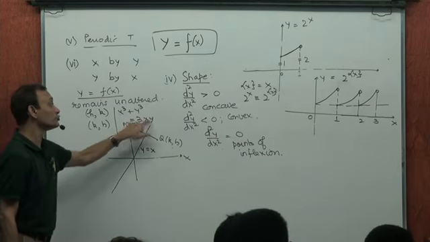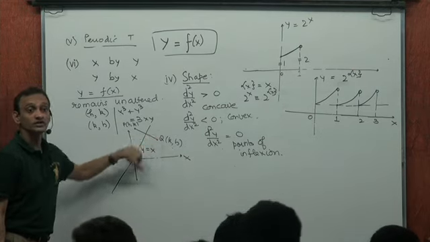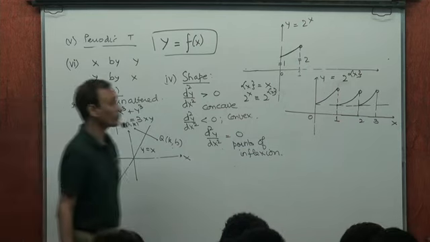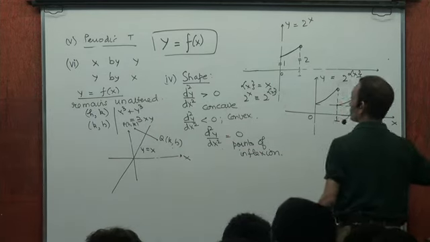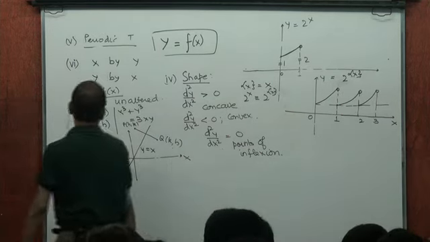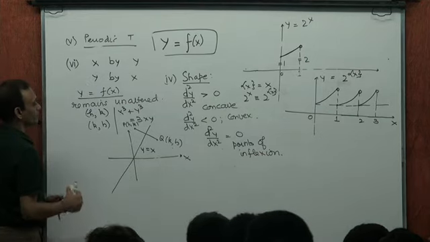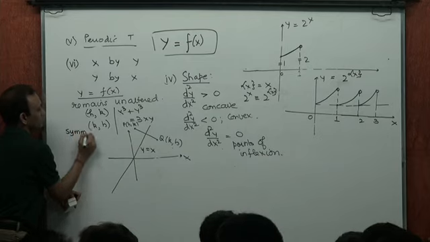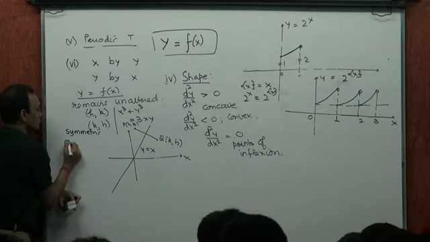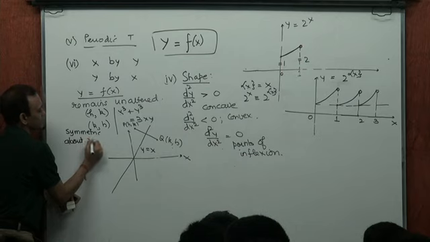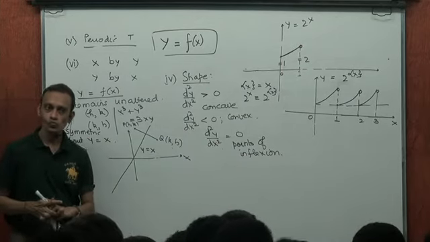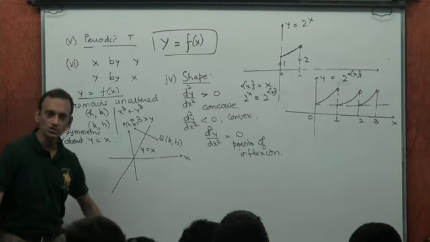See, x cubed plus y cubed equal to 3xy will actually be symmetric about y equal to x. So if this happens, then we say it's symmetric about y equal to x. Right? So far so good?